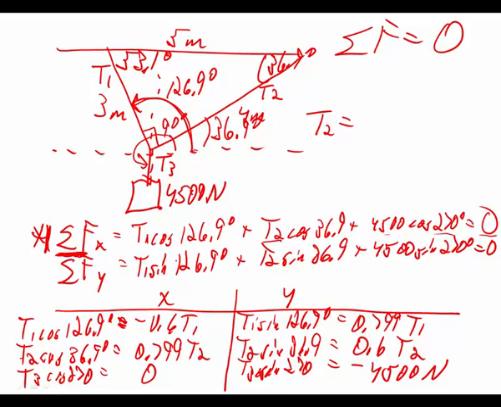Now look, let's stop and look at this. Notice that everything is equal to 0. I want to solve for T2, so that means I've got to do what? I've got to subtract from both sides. So having said and done all that, it becomes positive 0.6 T1 divided by 0.799.